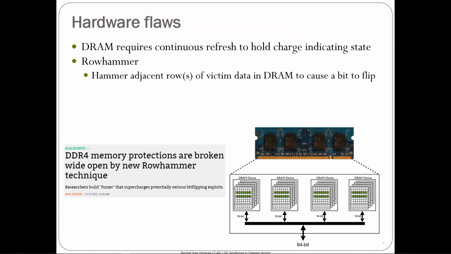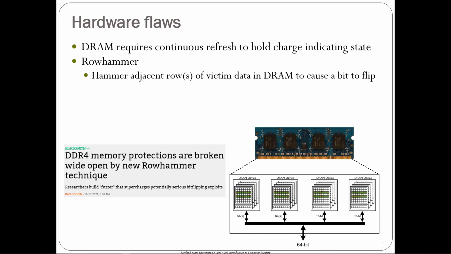Okay. The other set of privilege escalation flaws that are becoming common are flaws that are really hard to get rid of. These are basically flaws in the hardware that are difficult to fix. The one that I'm going to talk about is flaws related to DRAM.